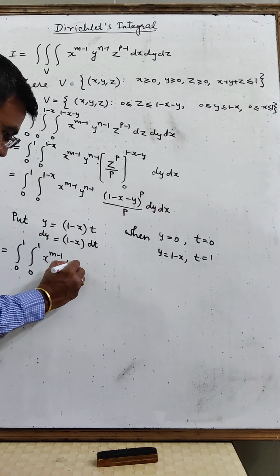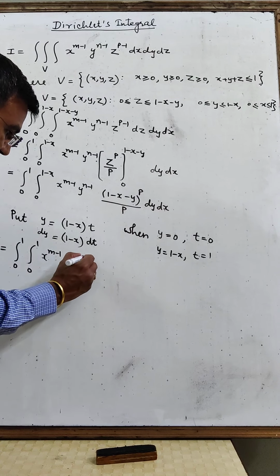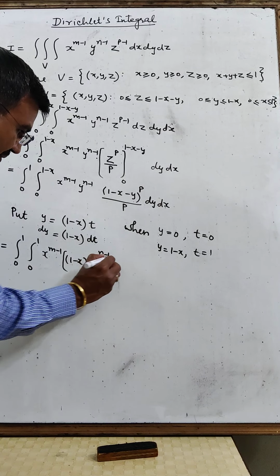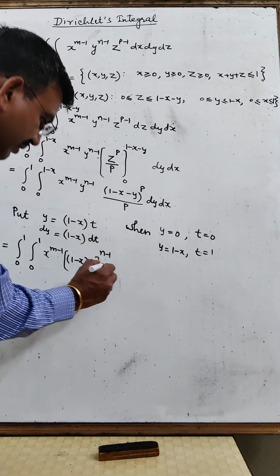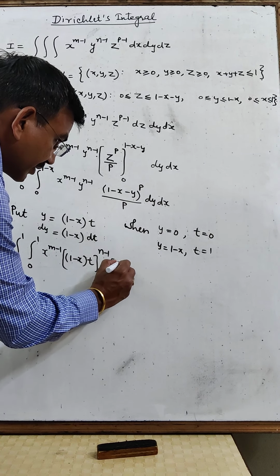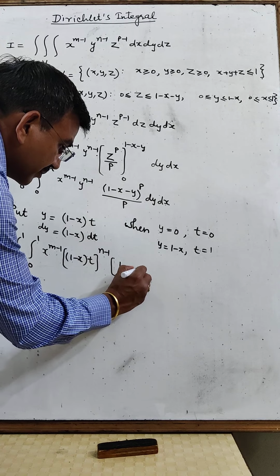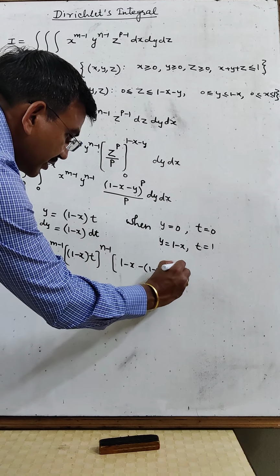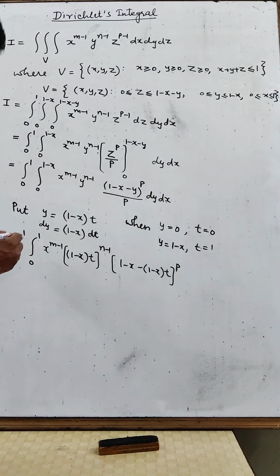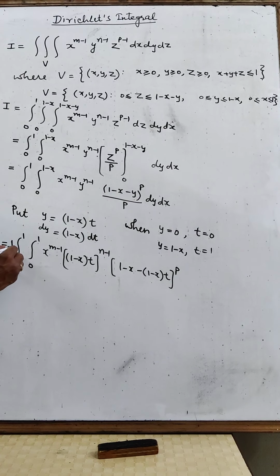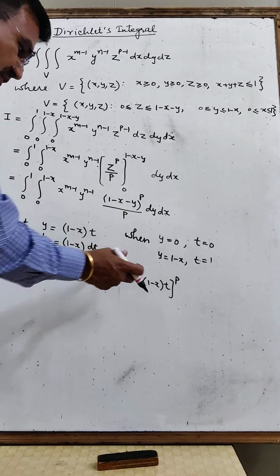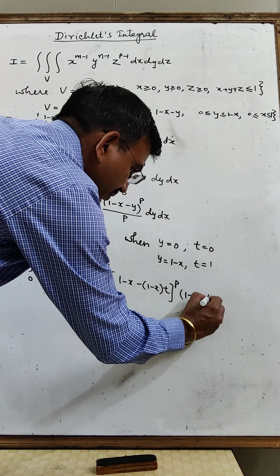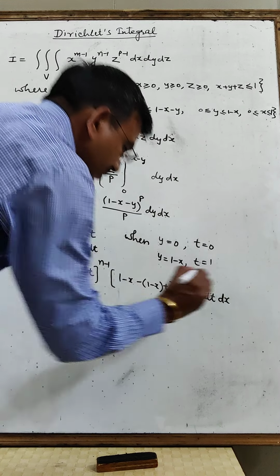Here we put 1 minus x into t raised to the power n minus 1, into 1 minus x minus 1 minus x into t raised to the power p, and I am writing the constant 1 by p outside, into dy which becomes 1 minus x into dt, and at last dx.